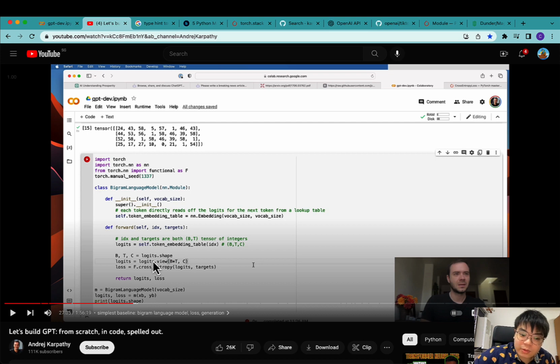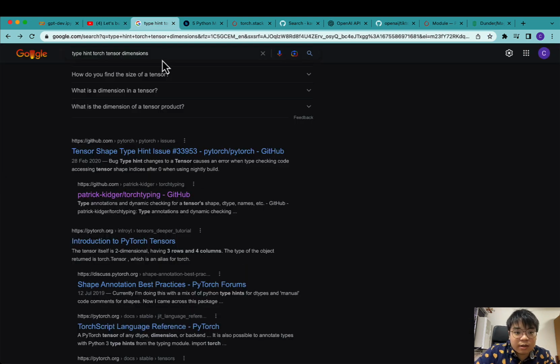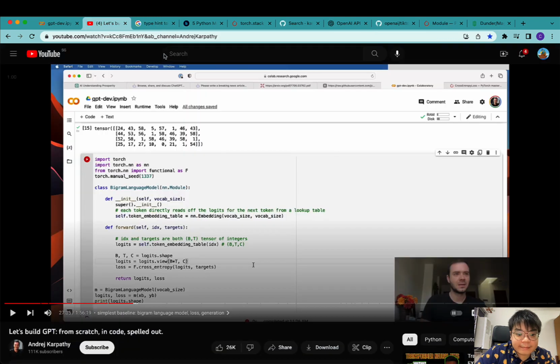First, I didn't know that logits.view allows us to reshape a Torch tensor into this format. And I was personally quite surprised, because I was initially expecting us to reshape logits into b by c by t, but Andrej chose to flatten b and t together into a single dimension. Okay, I don't think I fully understand that yet, but let's quickly take a look at the logits.